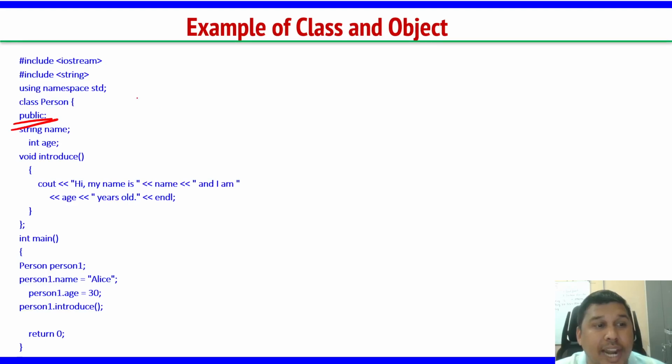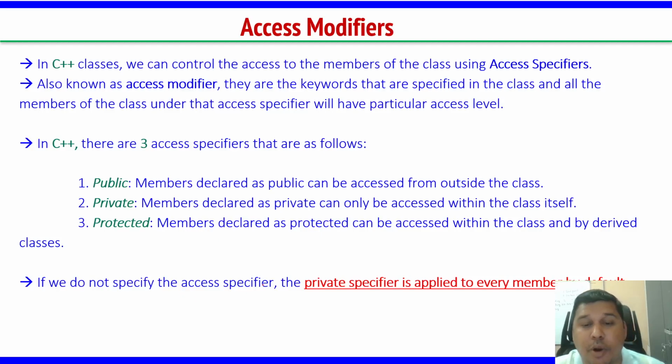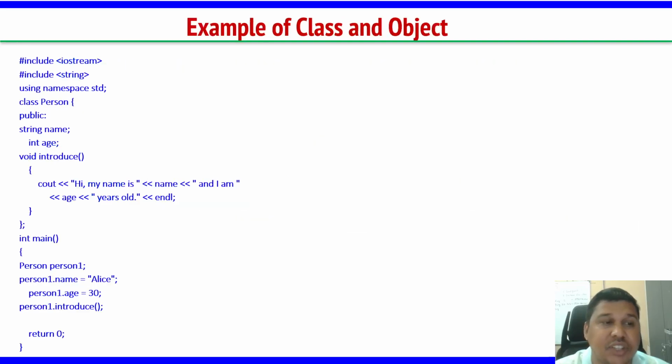Since I wrote public outside main here, I am able to access the name variable and age variable. If you give private, other functions or objects cannot access these private variables. We will see that difference very clearly. But the most important viva or interview question asked in C++ is: what if I don't mention anything here and write a program like we do in structure?